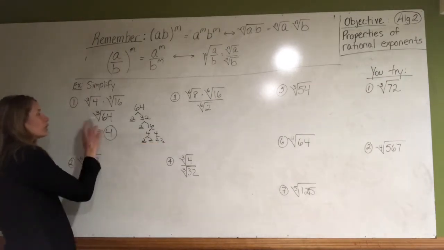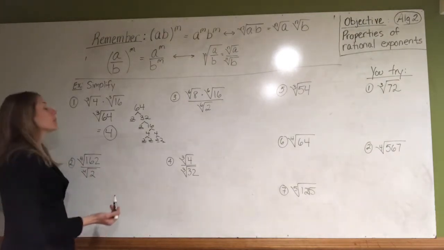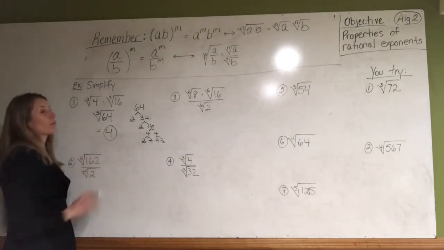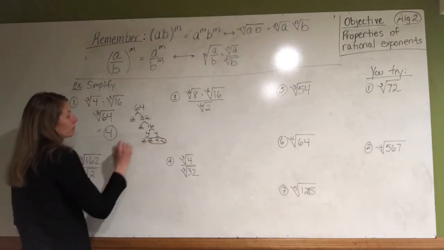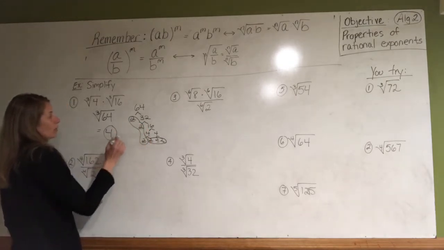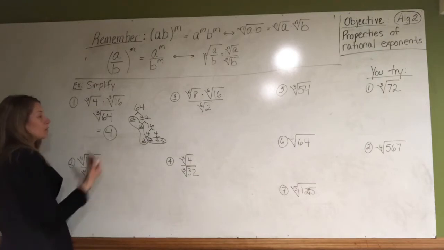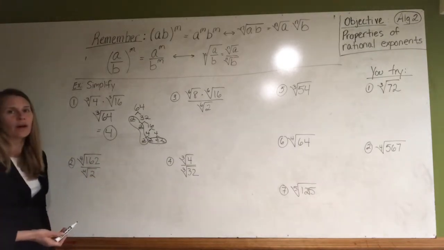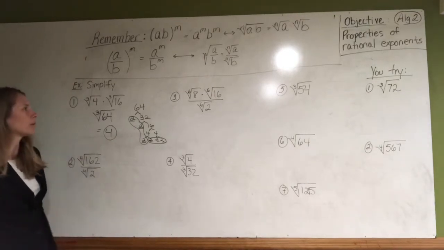Now remember, this is cubes, so when we had done this with square roots, we were looking for pairs of numbers, but now we're going to be looking for groups of 3 or triples. So I have 3 2's right here, and I have 3 2's right here. So I would take out 1 2 for each of those groups. 2 times 2 is 4. That's how you could simplify it as well if it wasn't something that maybe you knew off the top of your head or you could do on a calculator.